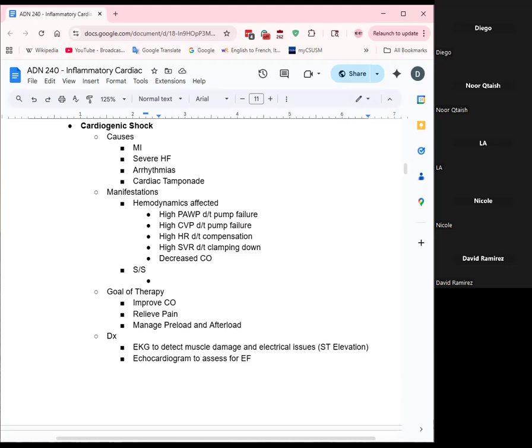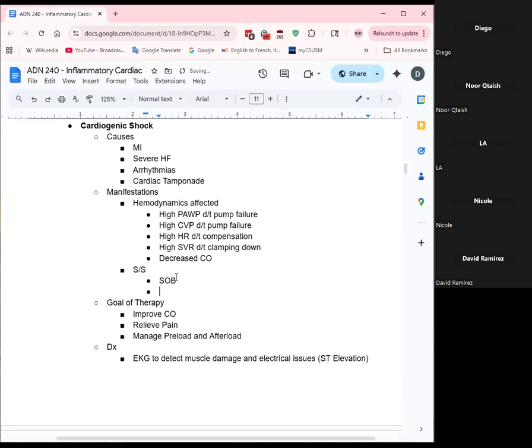So yeah, we mentioned the PVP, rapid breathing. So we'll have shortness of breath. So we said shortness of breath, cold and clammy. So yeah, we'll have decrease in body temperature as everything starts to shunt.